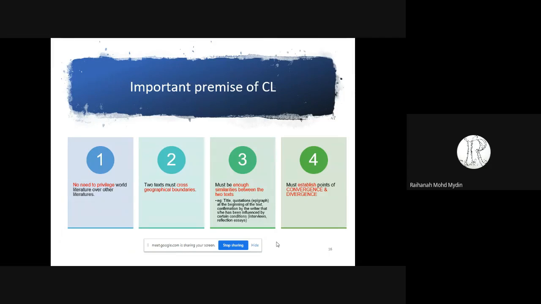conclude that part of the discussion, one thing we need to keep in mind is that we, as students of literature, comparative literature in this context, shouldn't privilege any text. There isn't a privileging attitude that some texts are considered world literature and others are not. That's the first thing I want you to keep in mind.